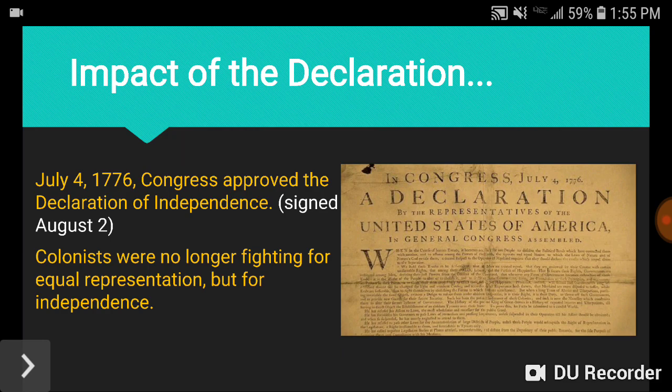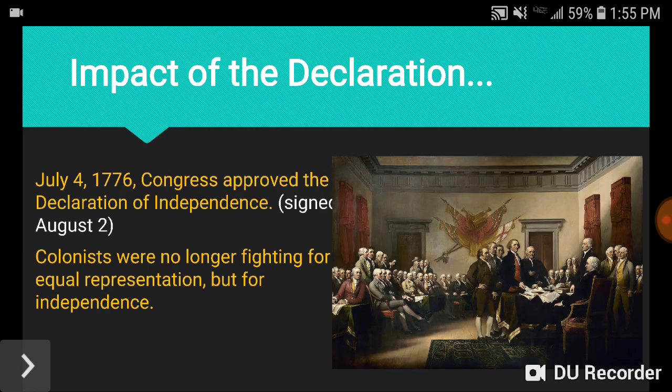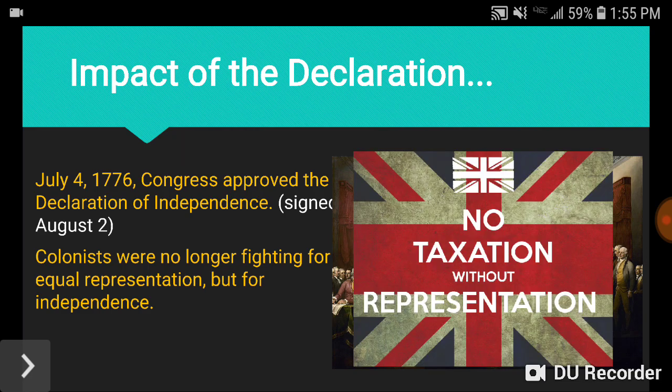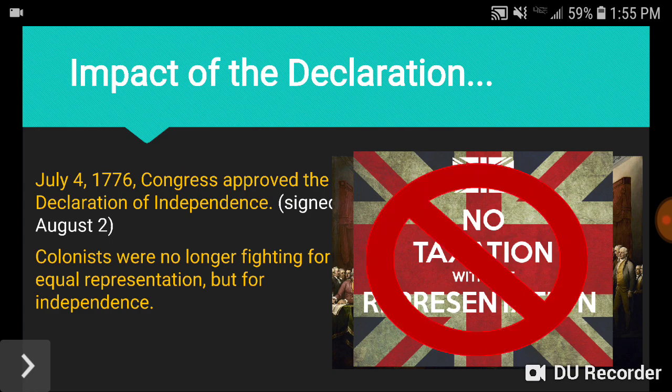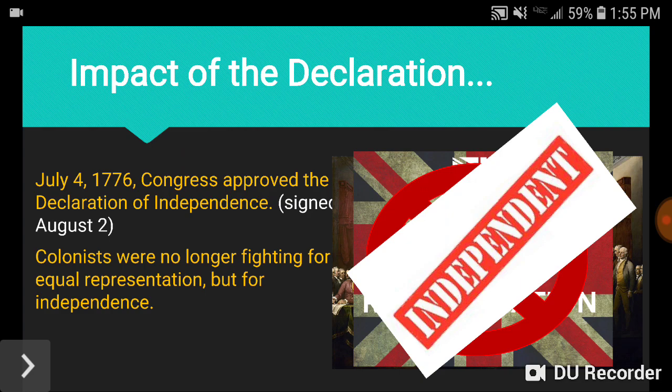The colonists are also going to be having a cause for what they're fighting for. They're no longer fighting for no taxation without representation, but they're instead going to be fighting for their own independence from England. This is a big deal. The individuals that signed this document are signing basically their lives away.